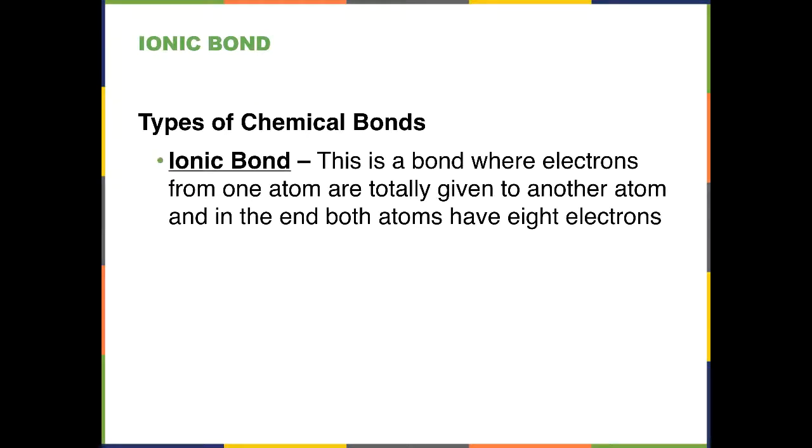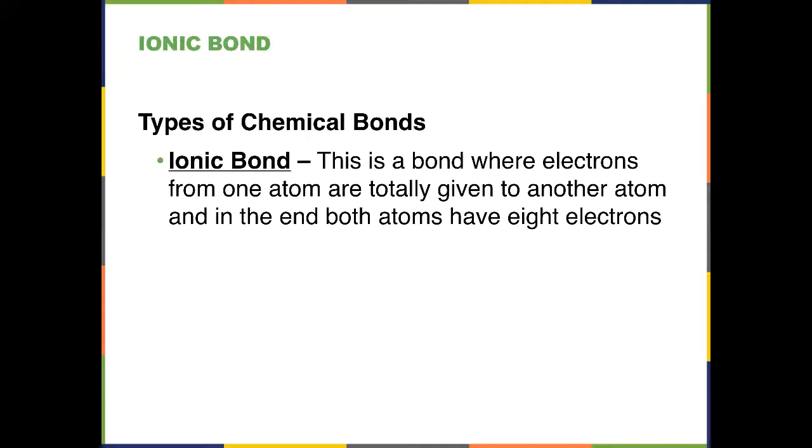The first of these types of bonds is called the ionic bond. In the ionic bond, essentially one element completely gives up its valence electrons, and the other atom or element completely takes those electrons. And both elements end up achieving the rule of octet by doing this.